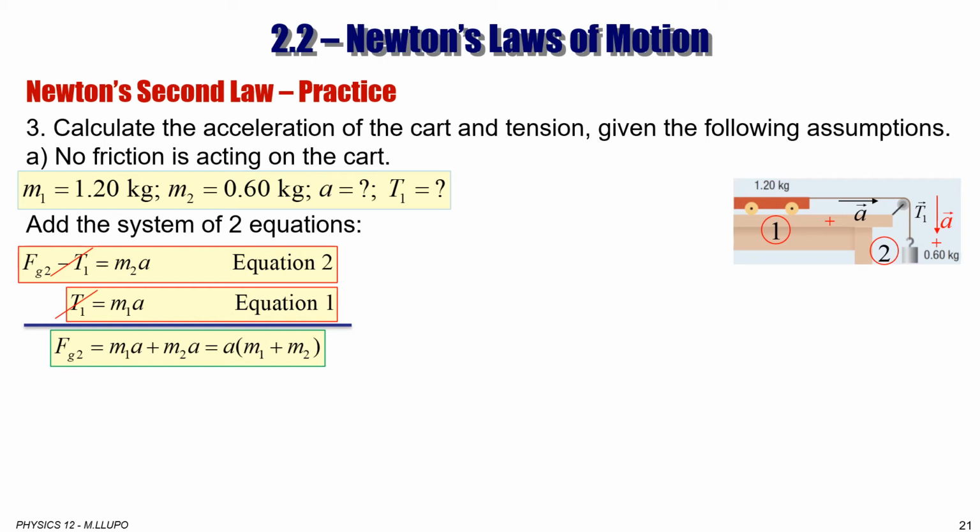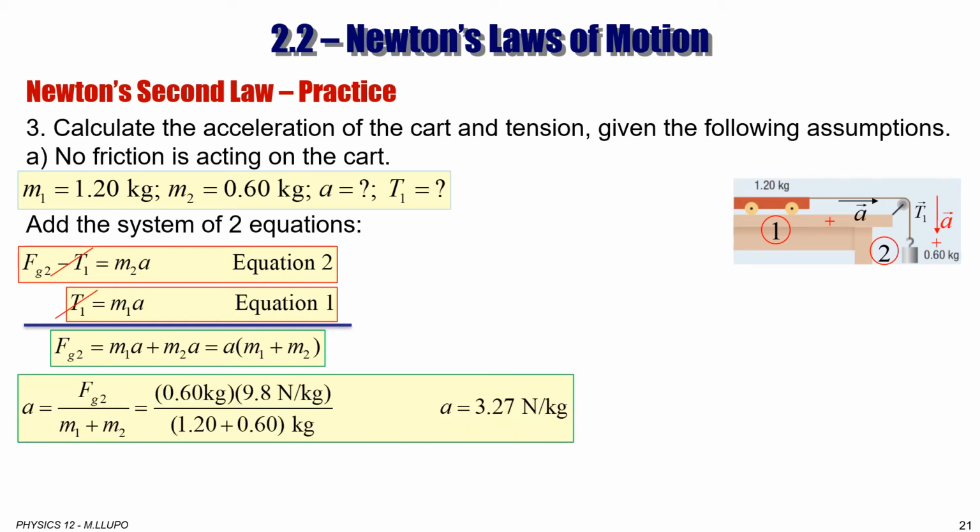Now we can solve for a. So a is Fg2 divided by m1 plus m2. We can plug those numbers into that formula, and we find the acceleration is 3.27 newtons per kilogram, or meters per second squared, in the direction that is labeled.